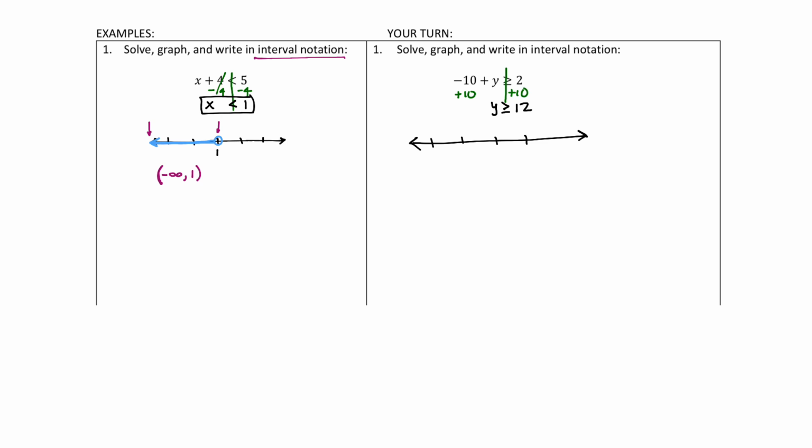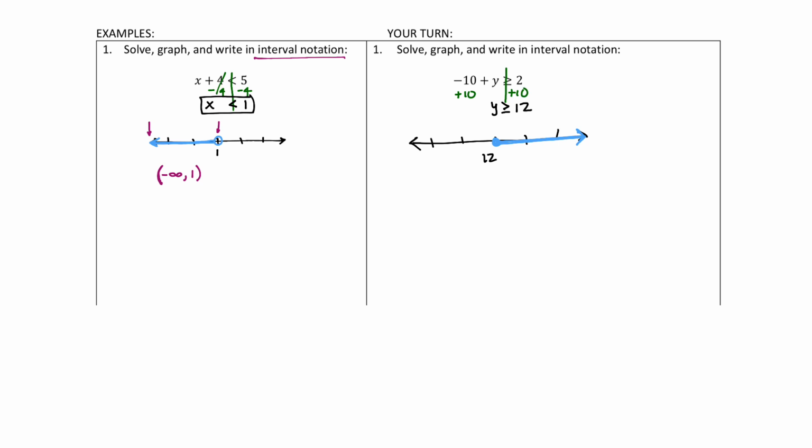So put 12, and it's going to be a closed circle this time because of that equal to line. And this points to the right, so my number line is going to be filled in to the right. And the graph is done.